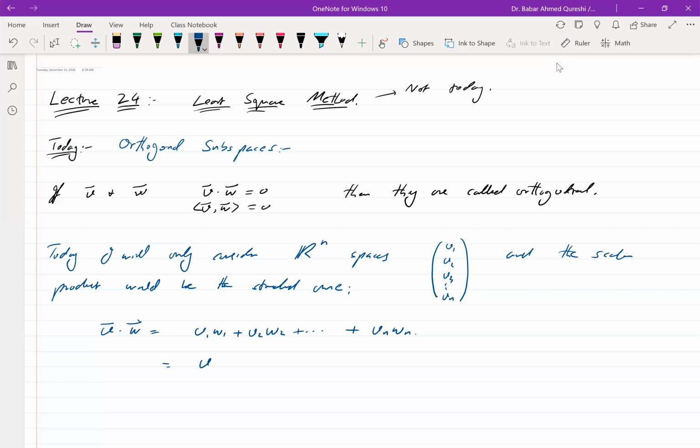And just a reminder that this I can write as V transpose times W, because V transpose will give me V1, V2, Vn, and W gives me this column, and the rule of matrix multiplication then gives me this number via matrix multiplication.